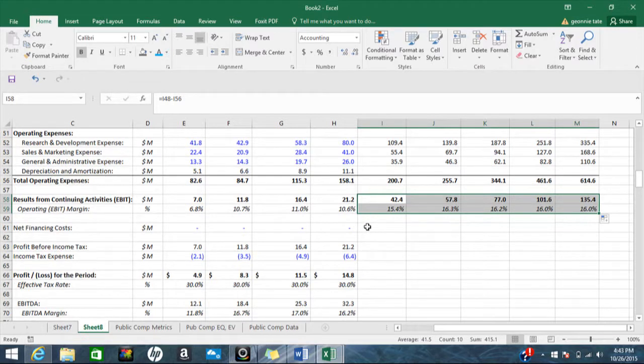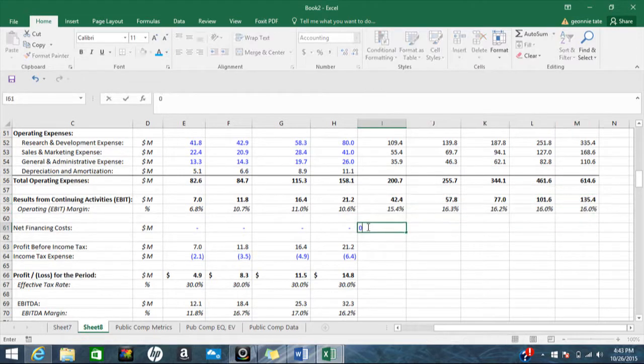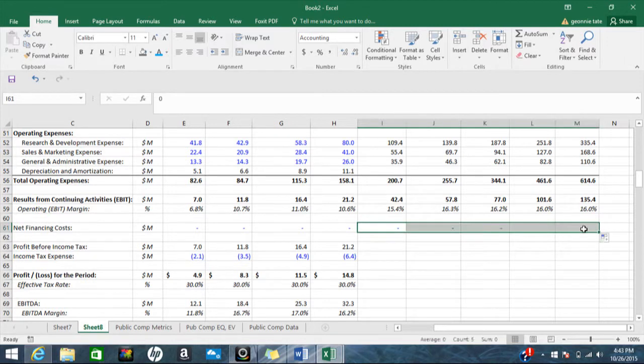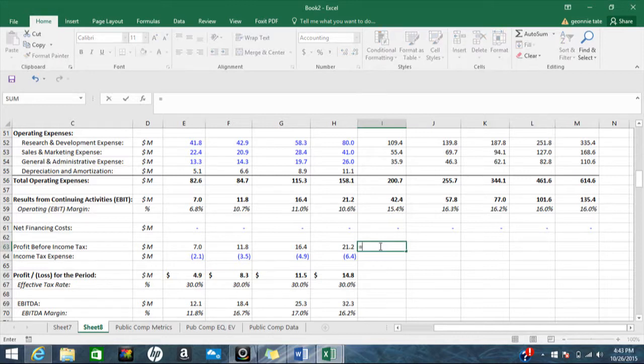The financing costs, I'm just going to assume is 0, following the trend from here. And the profit before income tax is simply the EBIT, because I don't have any financing costs here.